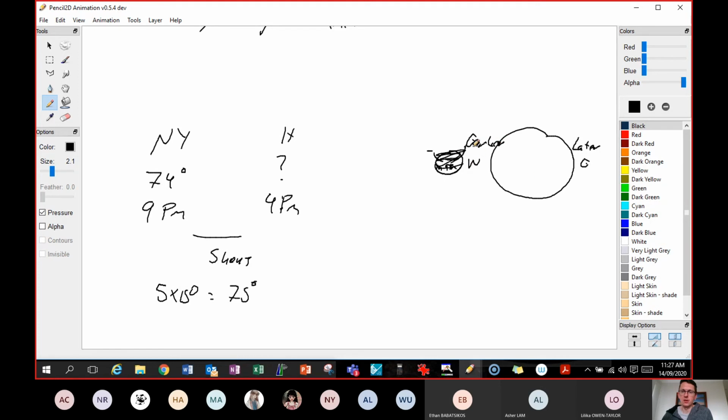Whoops, I shouldn't have drawn two circles. That is a key diagram for you guys to have. So I suggest doing that: later is more easterly, and earlier is more westerly. Because it's earlier, I know I need to move westerly. Therefore, I need to take 75.